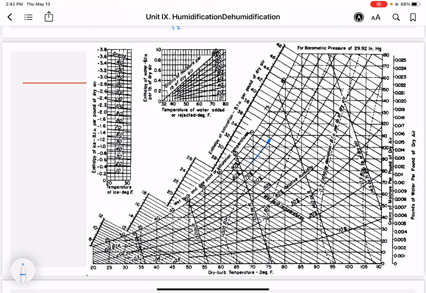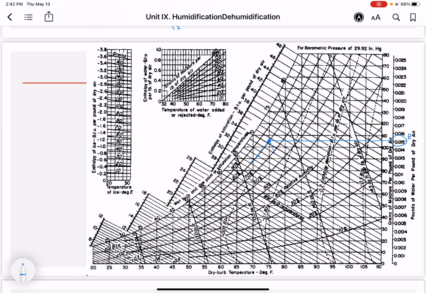Right, this is 75 degrees, 80 percent relative humidity. Okay, so we are tasked to get H and the specific volume. If I'm to get the H and specific volume at 80%, 75 degrees, I'll just project it here. So that's around 0.015 ang H. Ito yung H ko. Specific volume, this is in between 13.5 and 14.